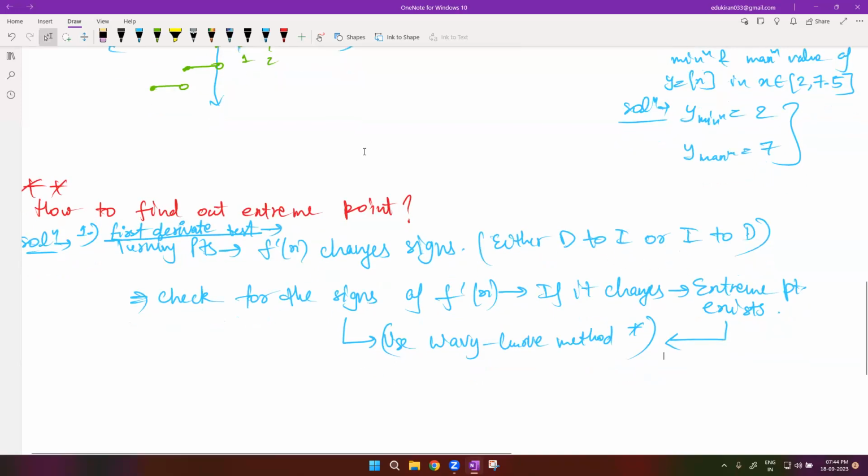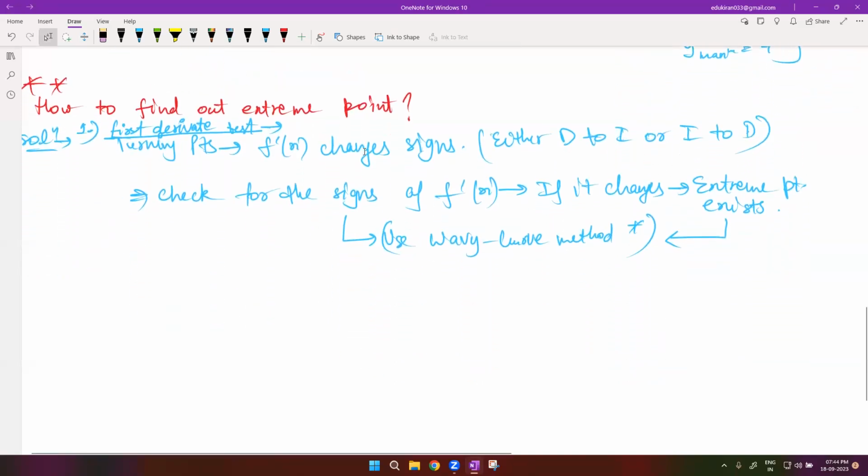Let's also try to establish two facts here, so let's start with the first. Let's say the function was increasing before, consider y is equal to f of x, right?